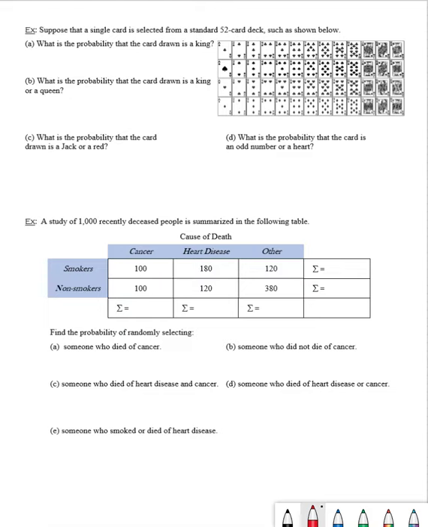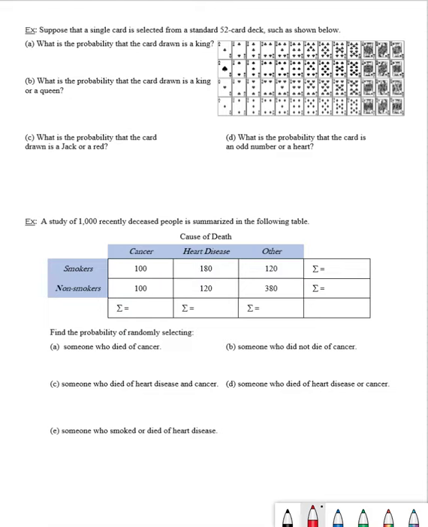For us, we're looking at what is the probability that the card drawn is a king. So I want you to take a moment and look at this deck of cards. If I ever give you a probability question like this on an exam, I would provide you with the list of the deck of cards.